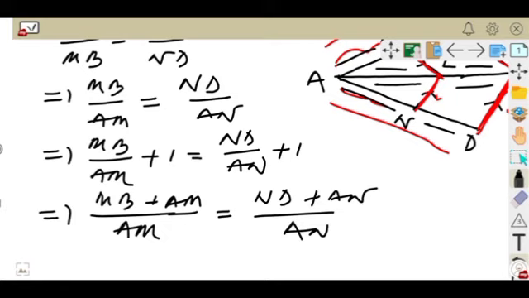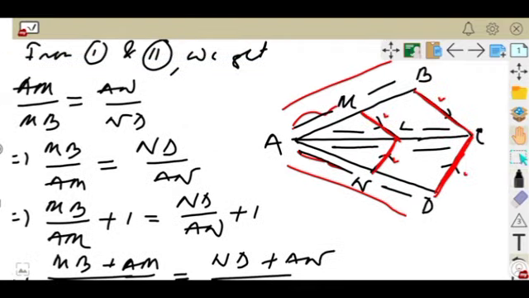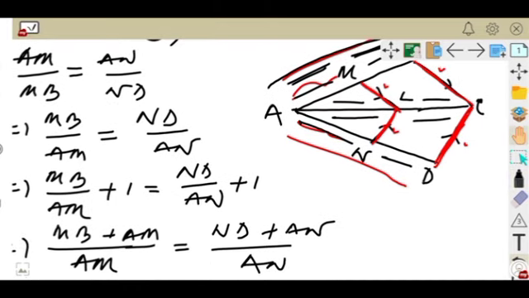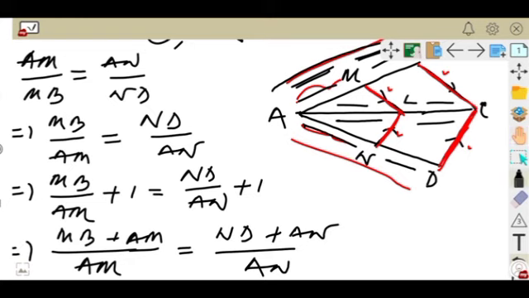Okay, let us look at the figure. If we add MB and AM, this is your MB, and this is your AM, I'm sure you'll be getting the whole AB. And what about ND plus AN? This is your ND, and this is your AN. If you add ND and AN, you'll get the whole AD.